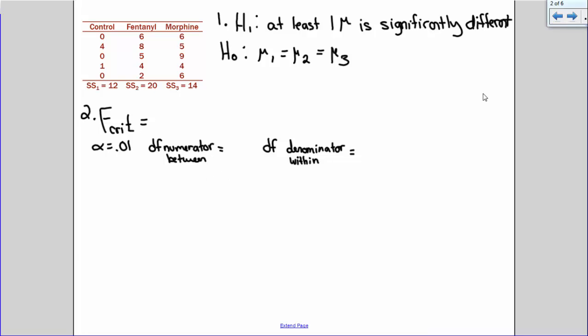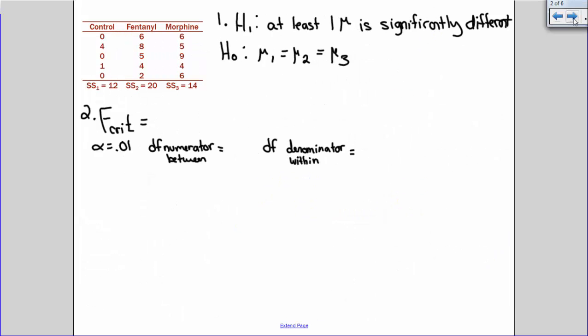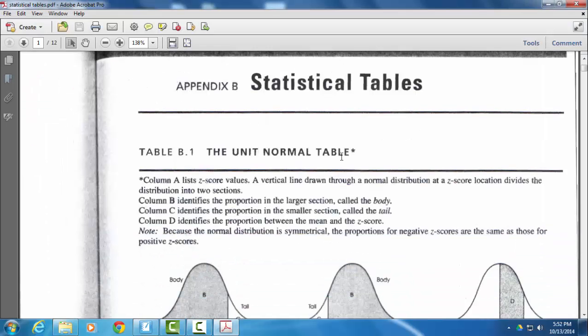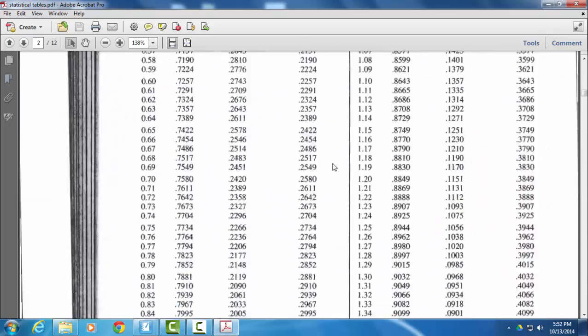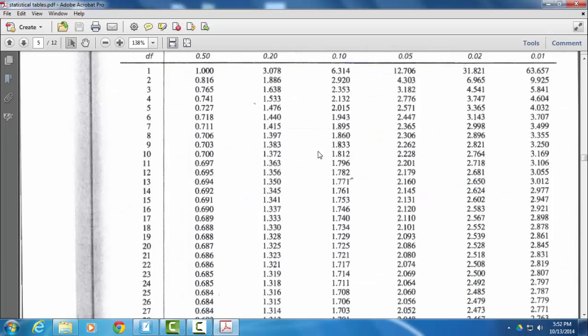Alright, so let's go back and see. Our degrees of freedom between is 2. Our degrees of freedom within is 12. So 2 and 12. Now we're ready to go to our F table to find our critical value. So we go to our statistical tables. We're done with the unit normal table. We are done with the t-distribution.